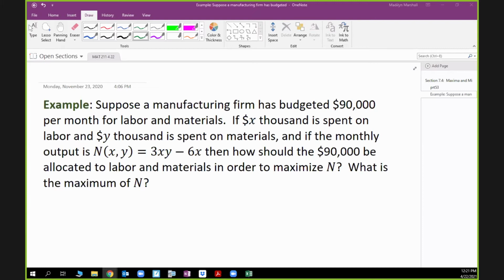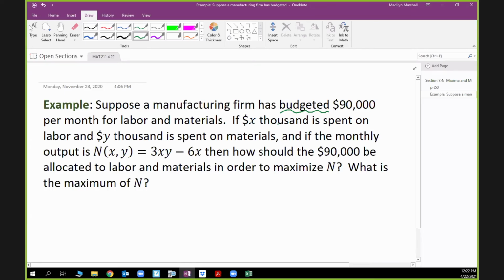Okay, so I have prepared a graph that we're going to look at in just a second to sort of visualize what's happening here. But let's look back at this problem. So this is the same problem that we started with, giving some context to what we're doing here. So this manufacturing firm has budgeted $90,000 for labor and material. So this word budget is kind of the key word that's going to have to do with our constraint, because that's restricting how much we can spend.